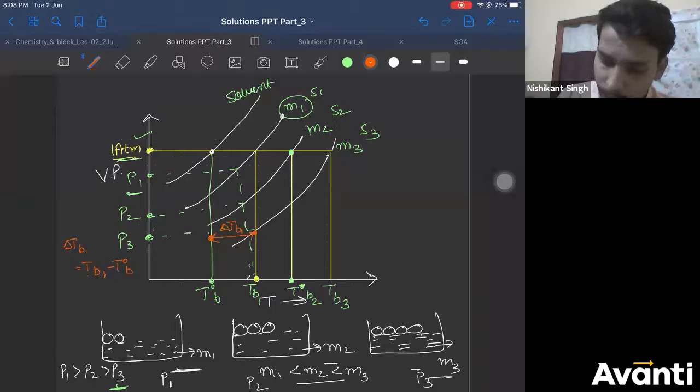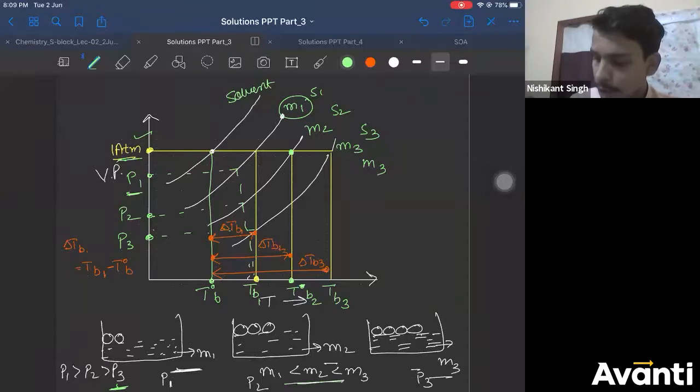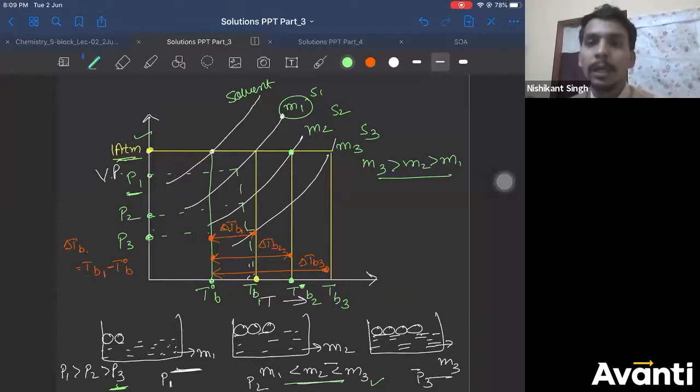Now second one. This is the boiling point of solvent. This is the boiling point of solution 2. The difference here is delta TB2, right? And this is delta TB3, right? And we also know that molality 3 was greater than molality 2, greater than molality 1, correct?